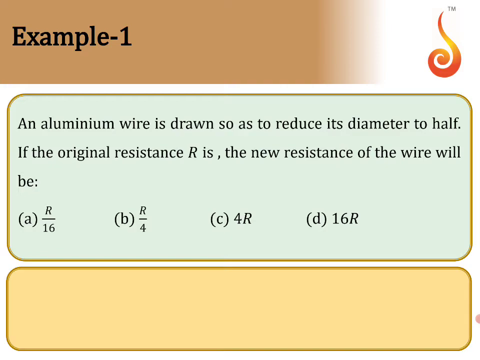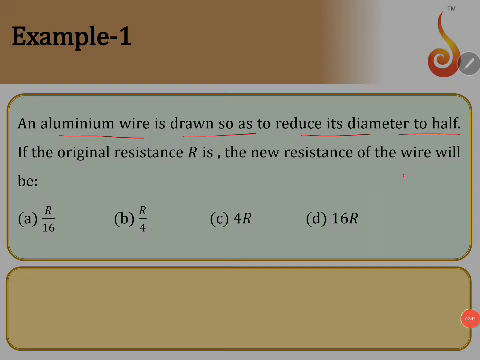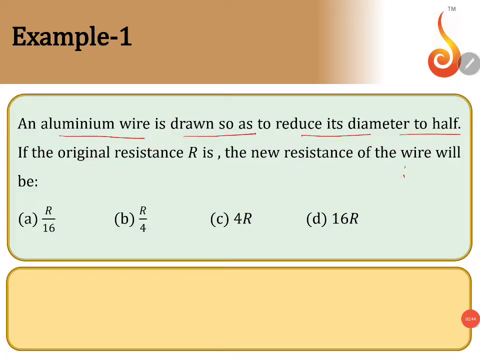An aluminium wire is drawn so as to reduce its diameter to half. The resistance, so there is an aluminium wire which is drawn so as to reduce its diameter to half. The diameter enagide andre diameter is half of its value. So if the diameter is half, then the radius is also half. So here n is 2.